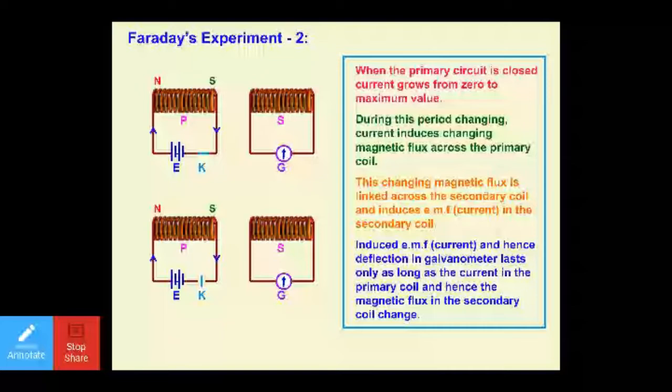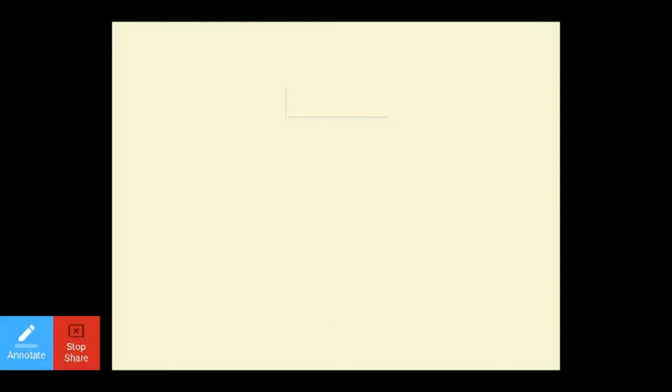One thing needs to be very clear: the deflection in the galvanometer can only be seen when the flux is changing. It means 0 to max and max to 0. Only in these cases do you find the deflection. Furthermore, if the flux becomes constant, there is no further change, and no deflection can be seen.